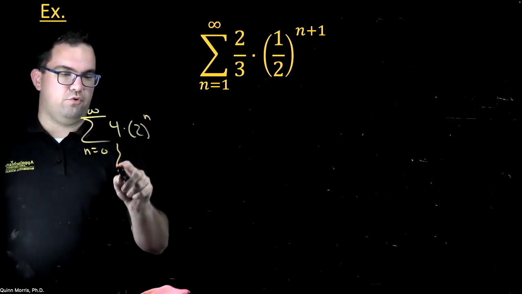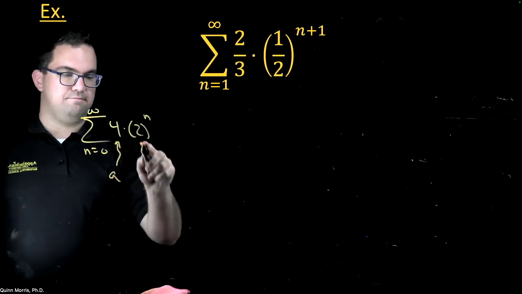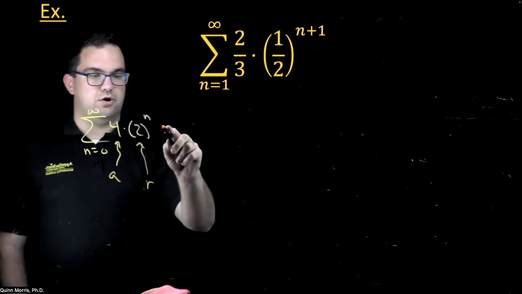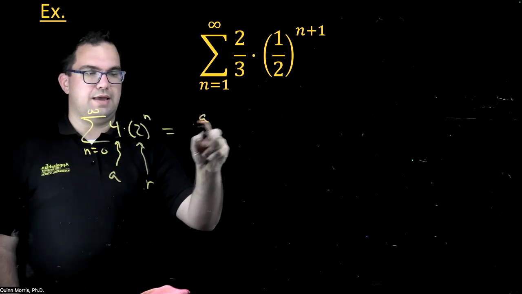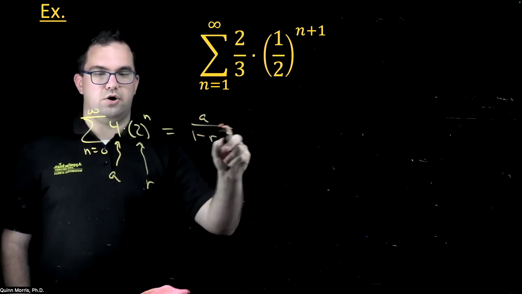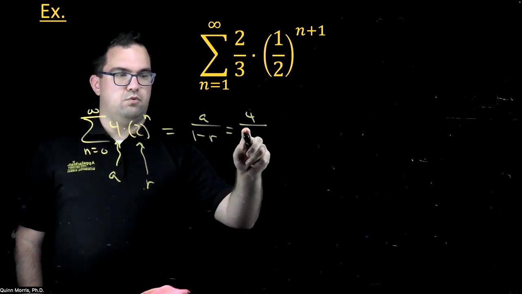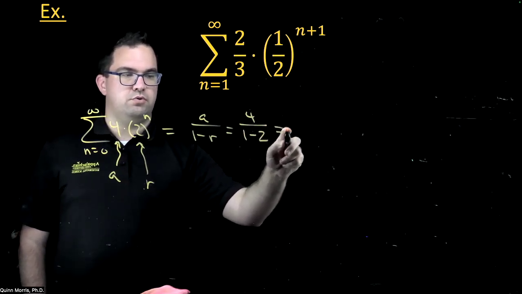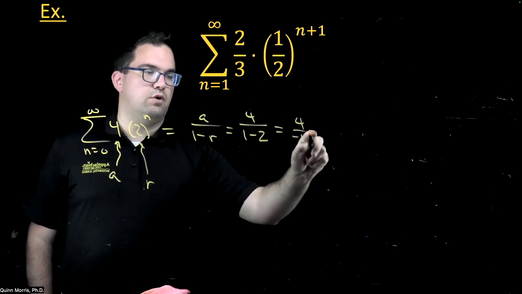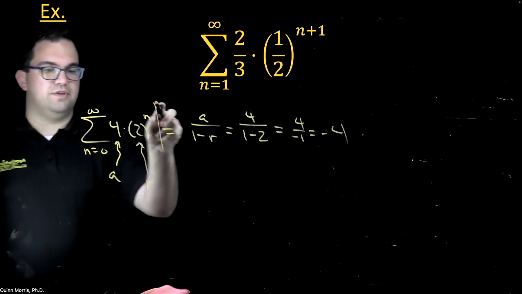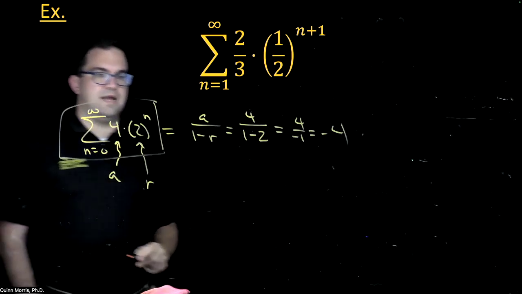If you weren't careful, you may just look and go, well, that's A and that's R. And so this is equal to A over 1 minus R. And so that's 4 over 1 minus 2, which is 4 over -1, which is -4. And so this sum is -4.